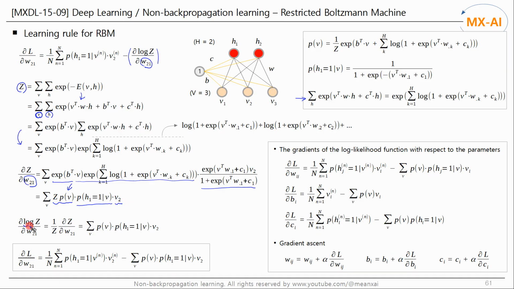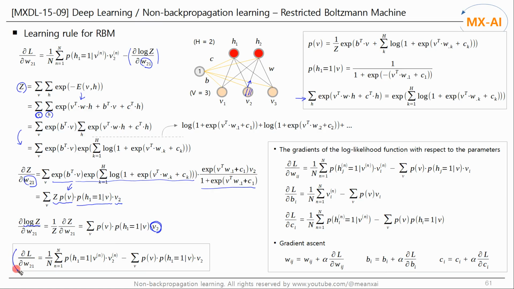So if we differentiate log Z with respect to W21, we get this. Again, V2 is not the training data, but the values of the second neuron in the visible layer for all possible V. In the next slide, we'll look at how to obtain the V2 via contrastive divergence.